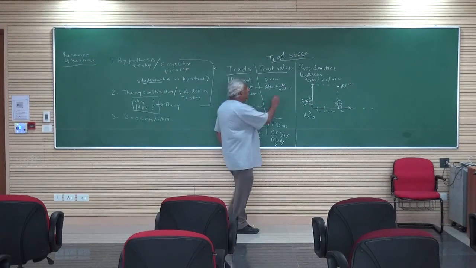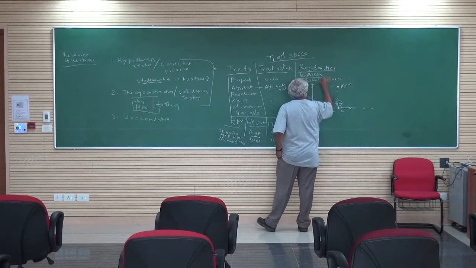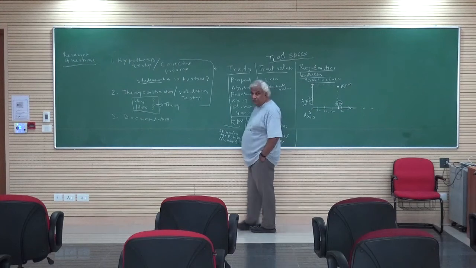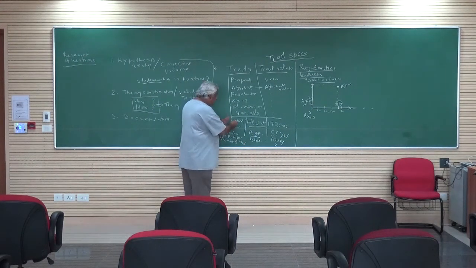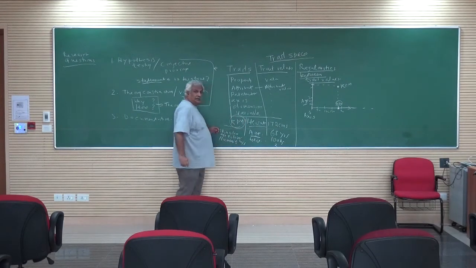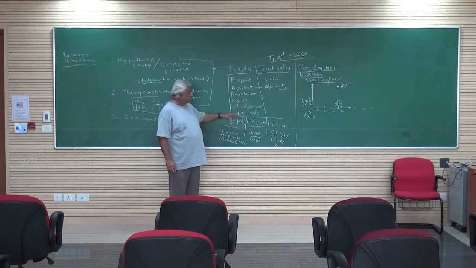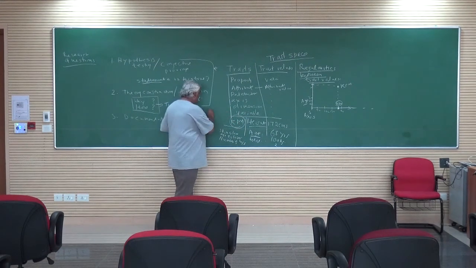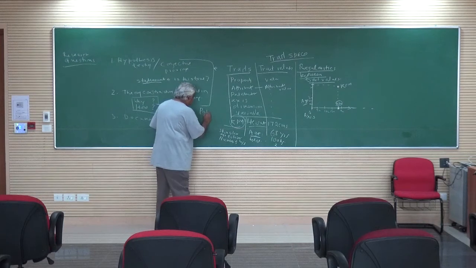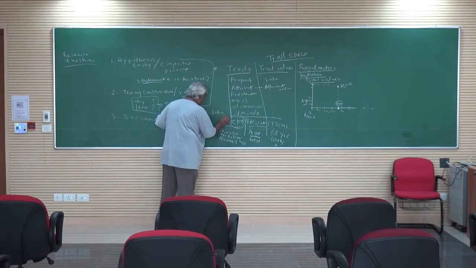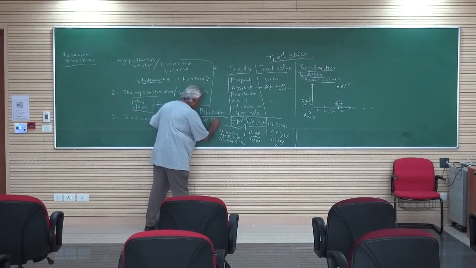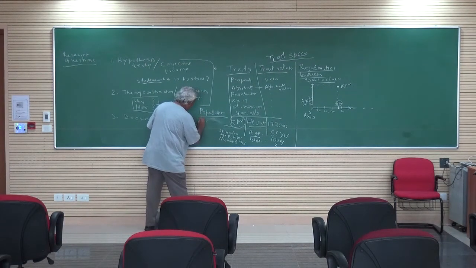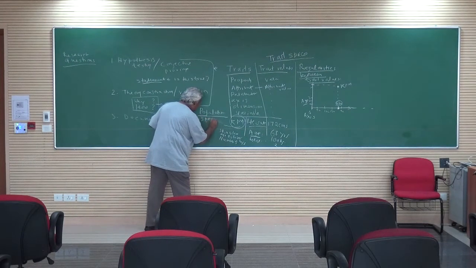Now to go on to the third concept, the regularities between trait values. What we have seen is that an individual, a member of a particular population, let us say KPM is a member of the population of living organisms or species, biological species.